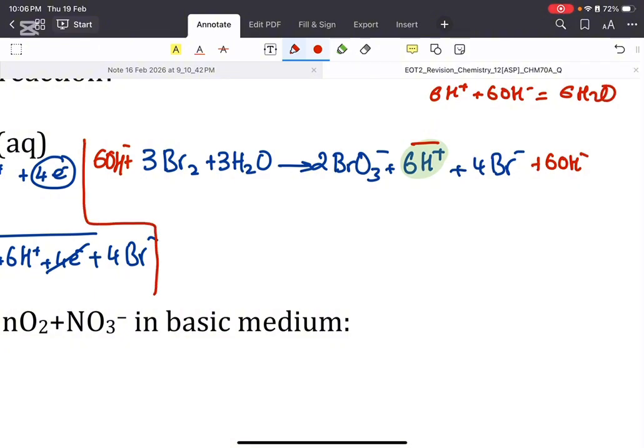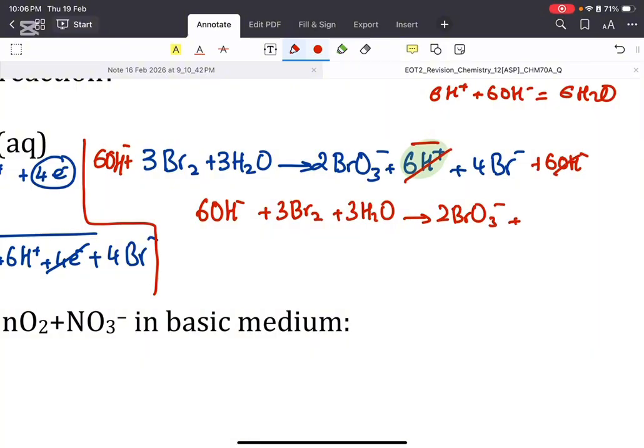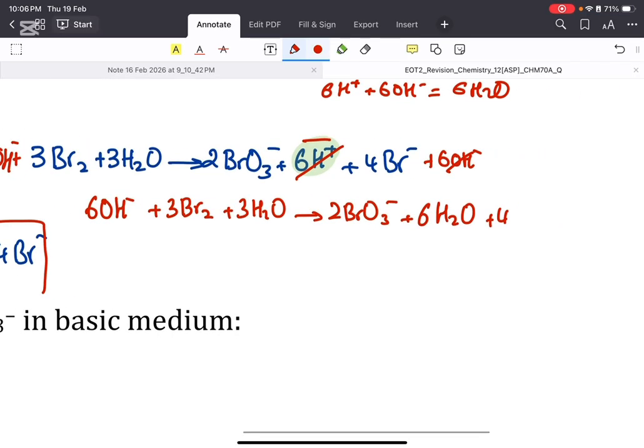So I'm gonna write this again. 6OH minus and 3Br2 and 3H2O, 2BrO3 minus. Now those two, I'm gonna put 6H2O and 4Br minus.